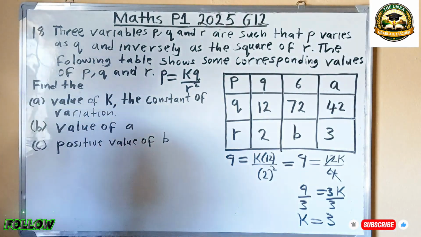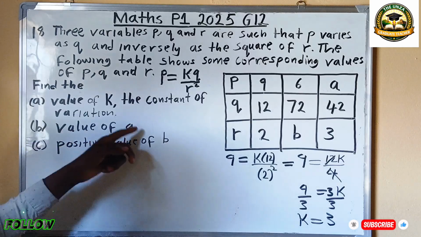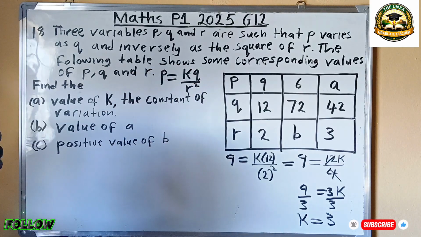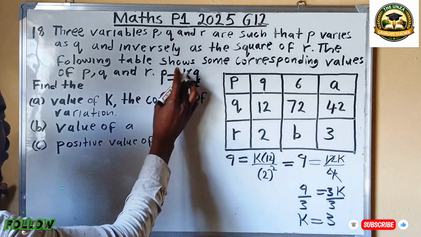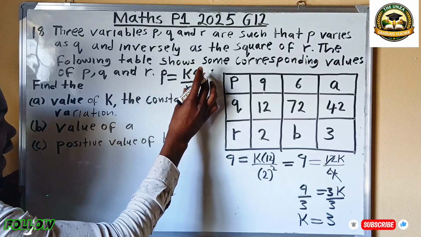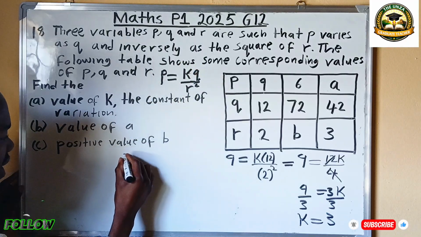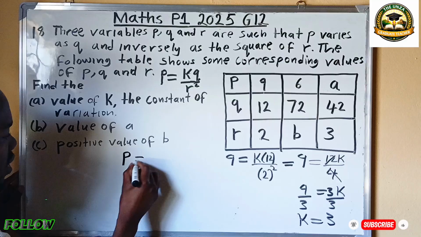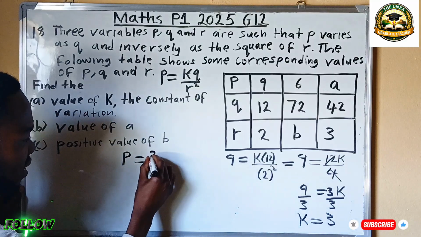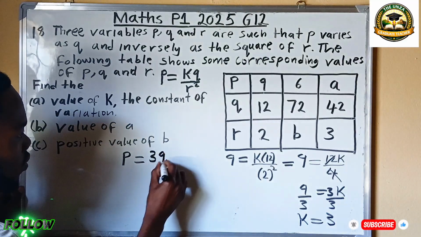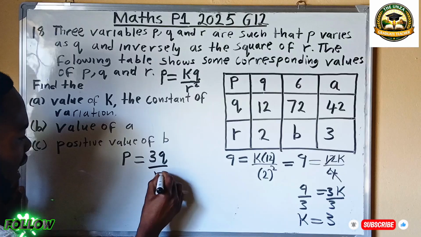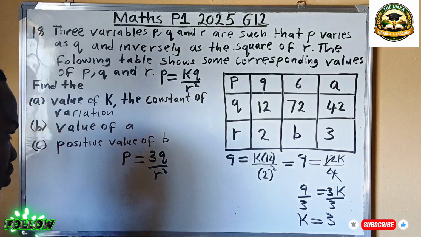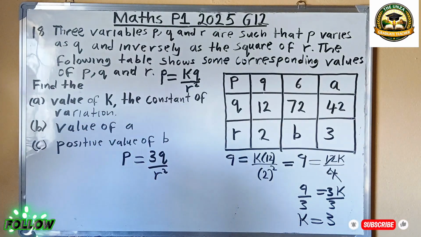Now the second question is asking for the value of A. You use the same equation. The moment you find K, the equation is P equals 3Q over R squared. You'll be using this to find the rest of the values.